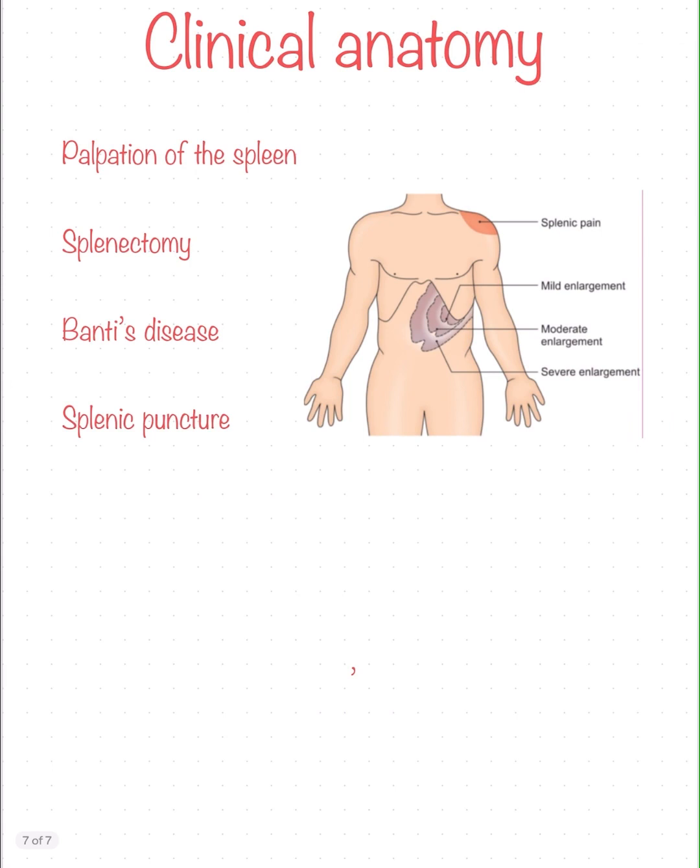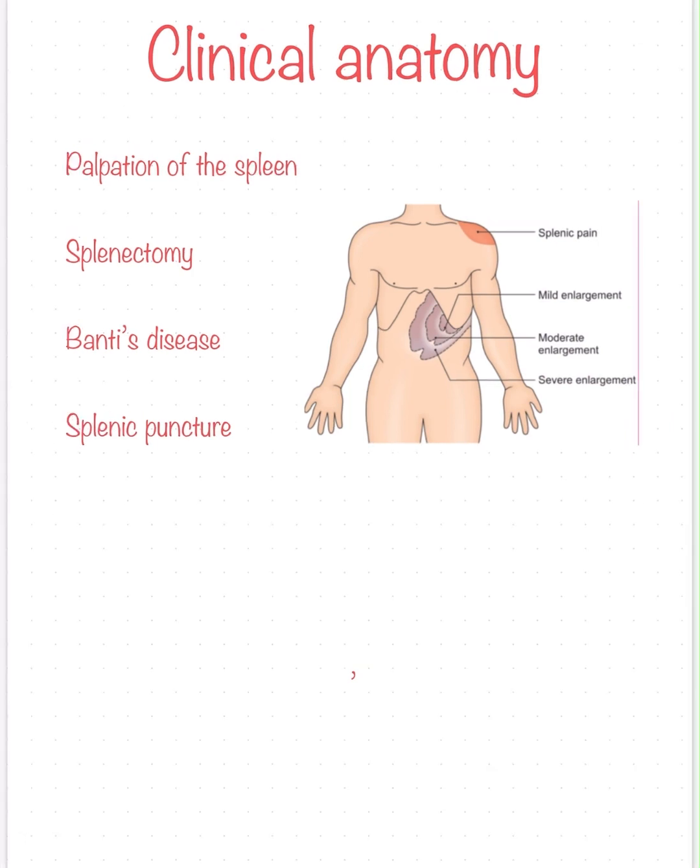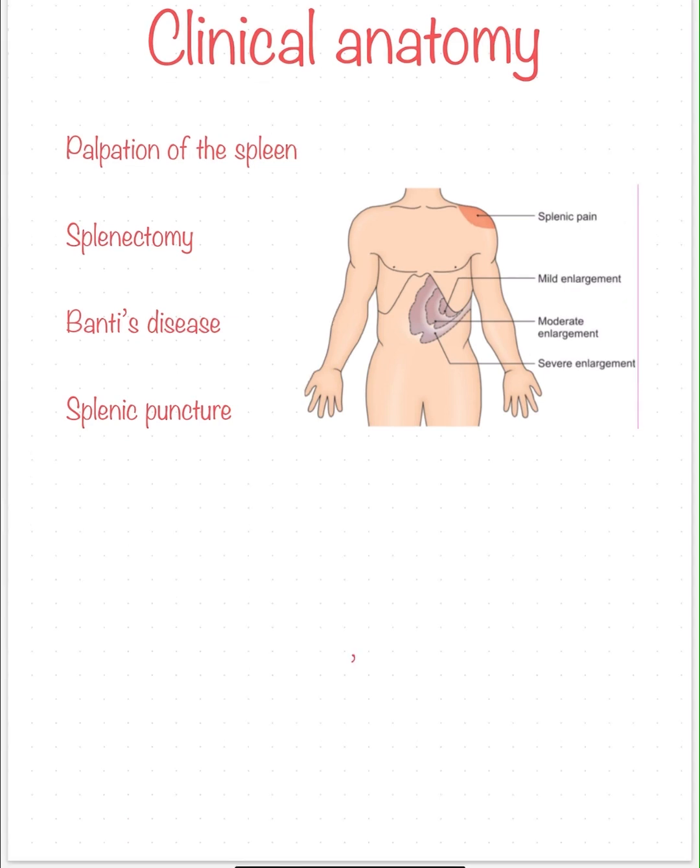So next we have our clinical anatomy, my favorite part. You can feel or palpate the spleen on the left costal margin. You may ask the patient to turn towards their right side, and spleen can only be palpated when it is enlarged to twice its size. So coming to the next one, that is the splenectomy.